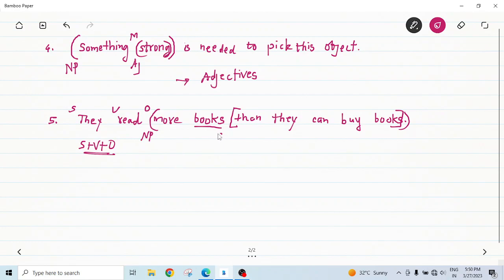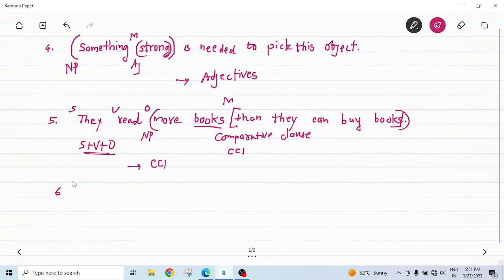Therefore, this is a comparative clause, and it functions as modifier in the noun phrase. The short form of comparative clause is CCL. Now you have understood that even a comparative clause can function as a modifier in a noun phrase.